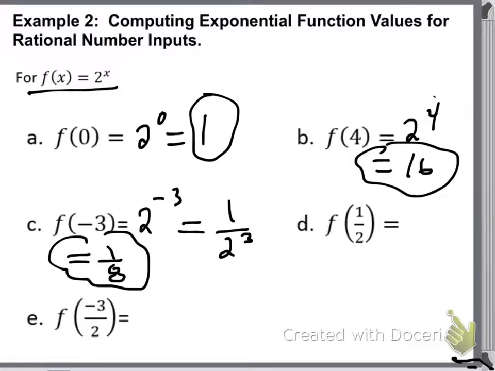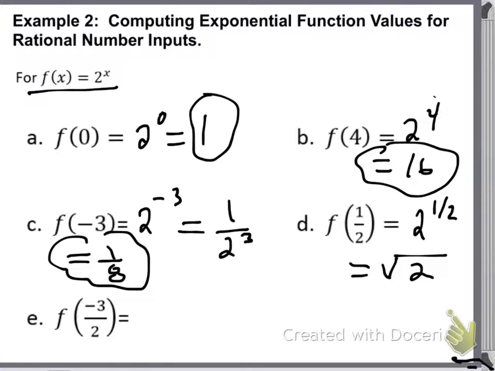Okay, D here, f of 1/2. That's going to equal 2 raised to the 1/2 power. And we know that 2 raised to the 1/2 power is the same thing as the square root of 2.